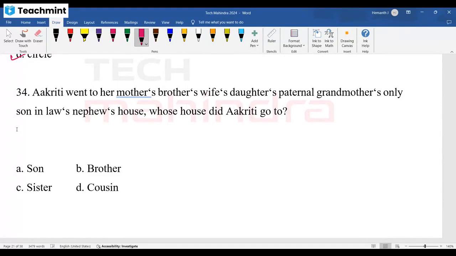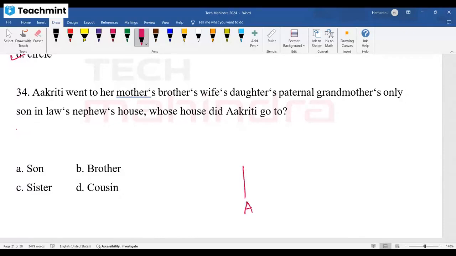Now here, Akriti went to her mother's brother's wife's daughter's paternal grandmother's only son-in-law's nephew's house. Okay: mother, brother, wife, daughter, paternal grandmother, only son-in-law, nephew. So Akriti, mother, brother, wife, daughter.